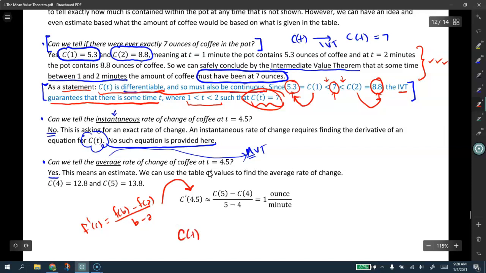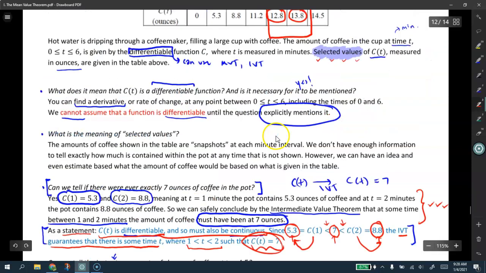And so if you want to say its derivative at some number, you would say C derivative at 4.5. And notice that this squiggly equal sign means that this is an estimate or an approximation. And then f of b minus f of a is C of 5 minus C of 4, divided by 5 minus 4.